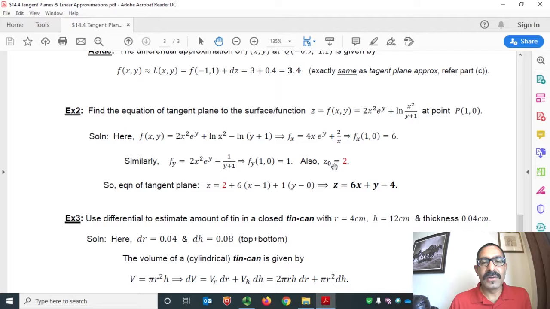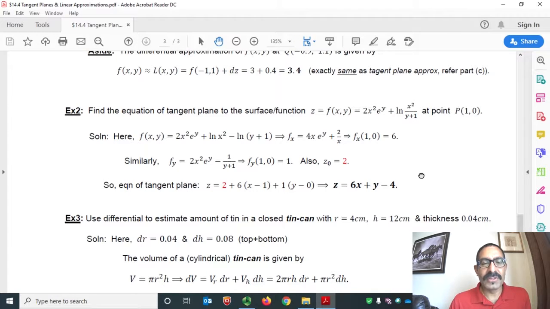Also, for z0, put x equals 1, y equals 0 in the given equation of z. Then 2 times 1 squared times e to the 0 is simply 2, and ln of 1 squared over 0 plus 1 means ln 1, which is 0. So simply z0 is 2. I hope this makes sense to you all.